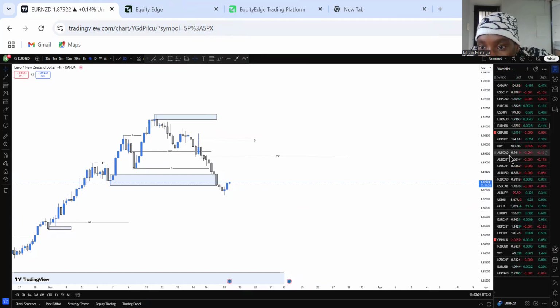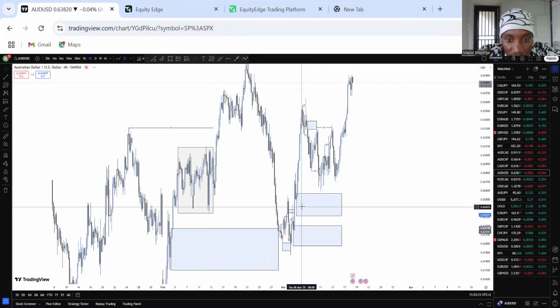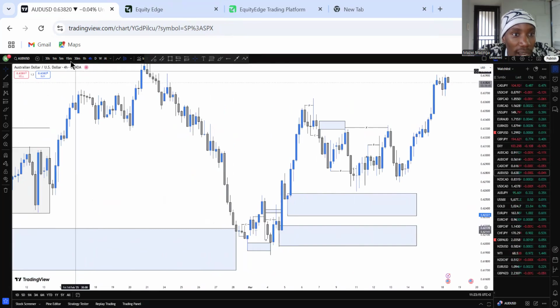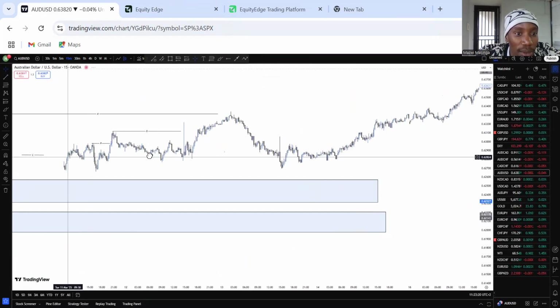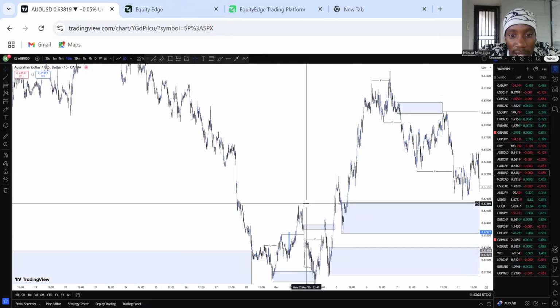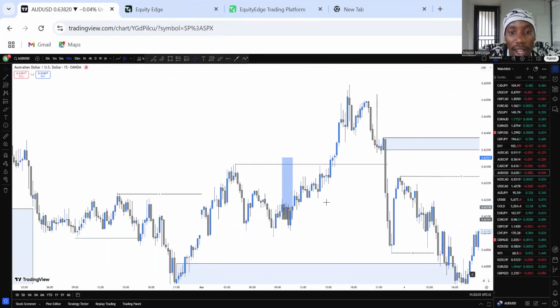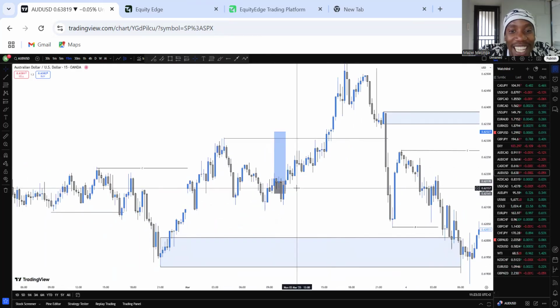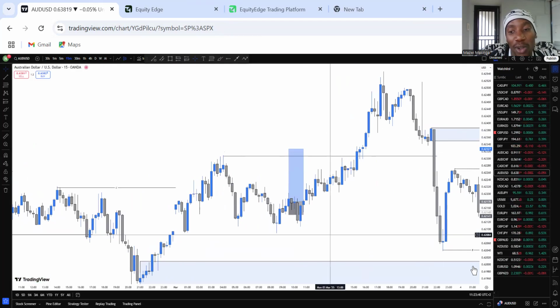It was AUD USD, first trade on AUD USD. Let's go straight into that. For sure, I took this trade on the 15 minutes time frame. This is the trade that I took. As you all can see, I was correct about the direction. And yeah, man, it's because of the placement of my stop loss, guys.